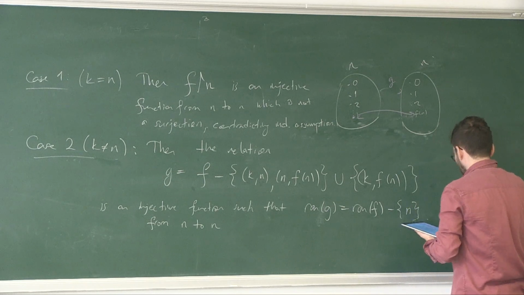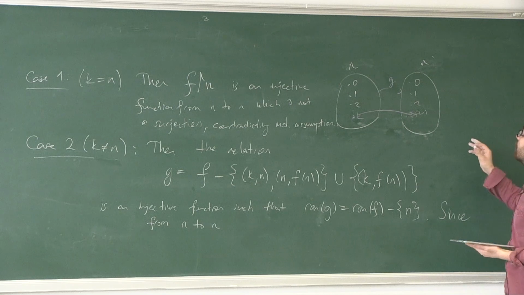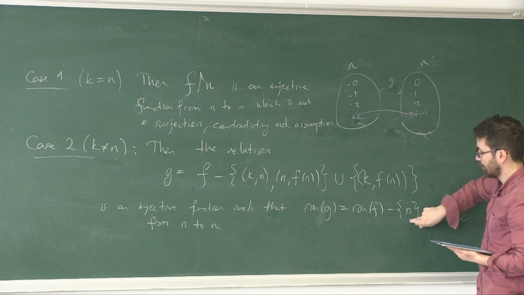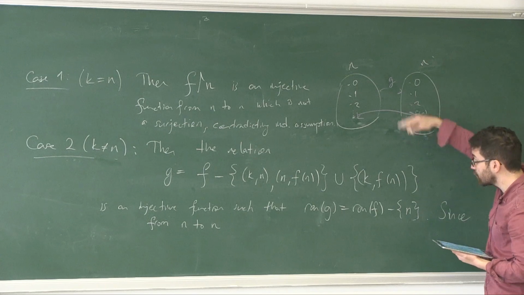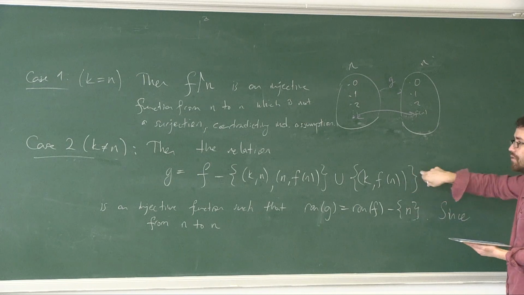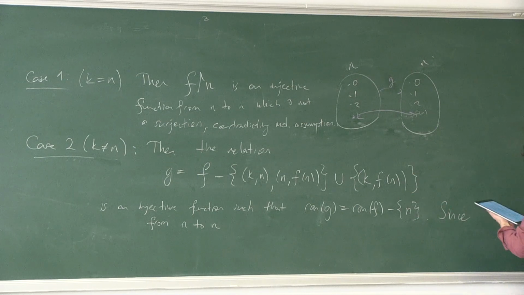Yes, the range of G is the same as range of f except n, okay? Pictorially, it should be obvious. You can double check this using the definition of range if you just use this equality.